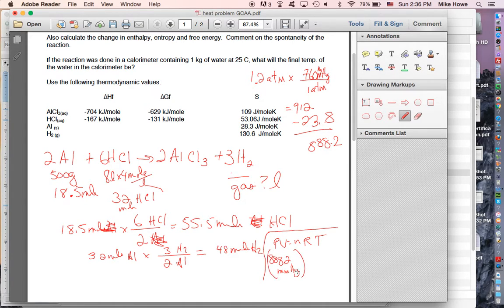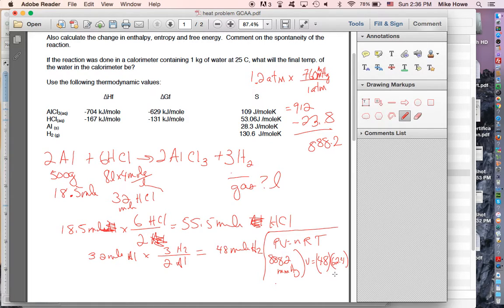All right, the volume, we don't know. We're trying to find that, so put a V there. The number of moles we know is 48. I'm going to eliminate units for the sake of space here. R is 62.4, so 62.4 goes here.